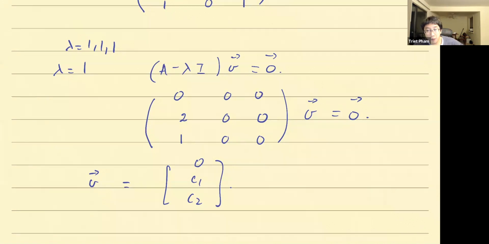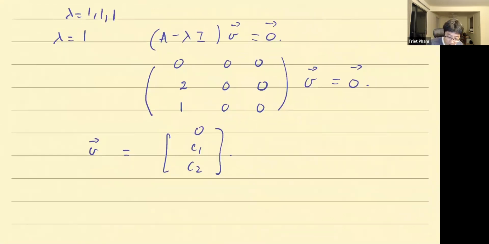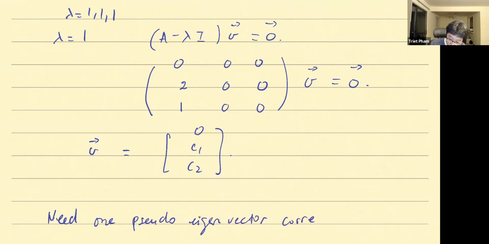So how many pseudo eigenvectors do I need in this case? I need one pseudo eigenvector corresponding to V.